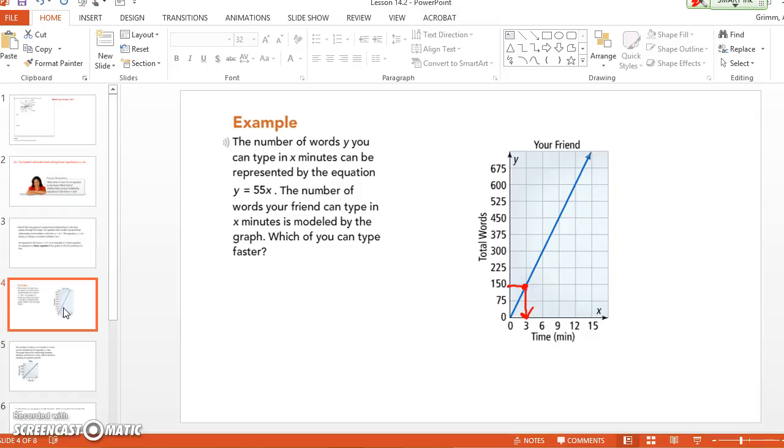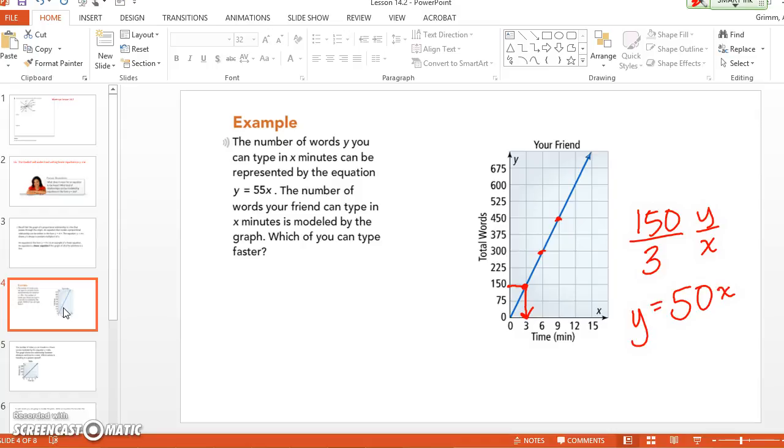You can write your equation: 150 divided by 3, so y over x is 50. He chose this point because the line goes through it. You could also choose this point or this point. Any of those points would work, and that would be 50. So my equation would be y equals 50x.